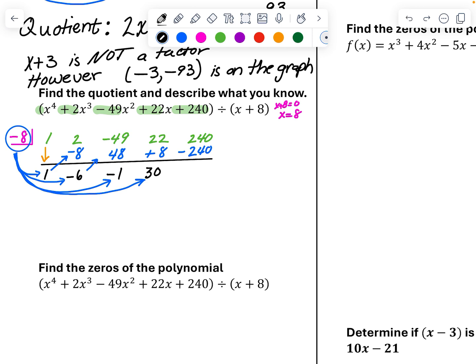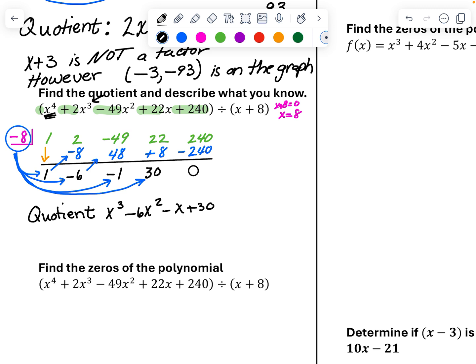So winner, winner, chicken dinner, we got a remainder of 0. Because we got a remainder of 0, we are going to say the quotient, first of all. The quotient is, if this is a 4th power, we're going to use 3rd power, x to the 3rd power minus 6x to the 2nd power minus x plus 30.